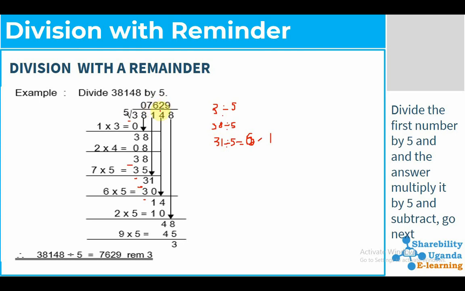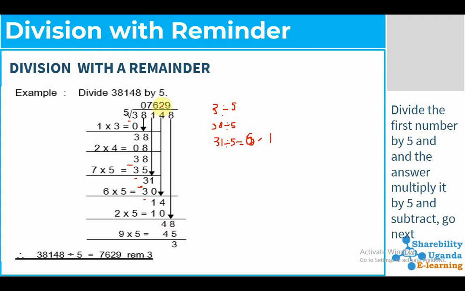So because we still have our figure here, we bring down our 4. We say 14 divided by 5, we get 2 remainder 4.